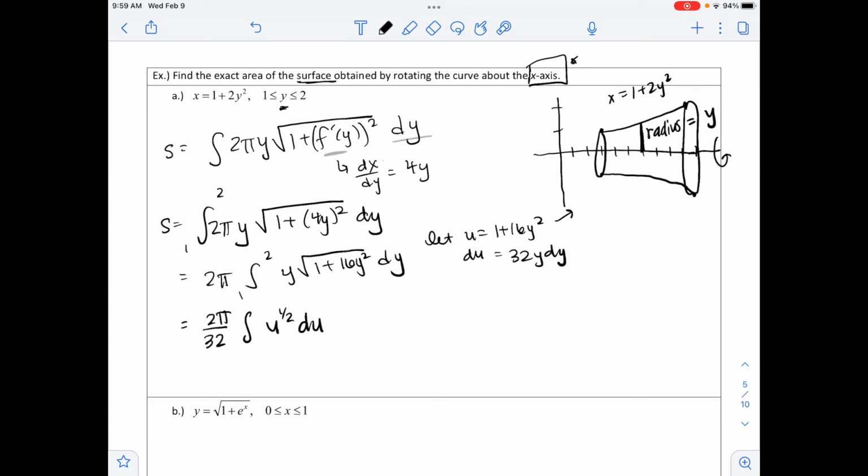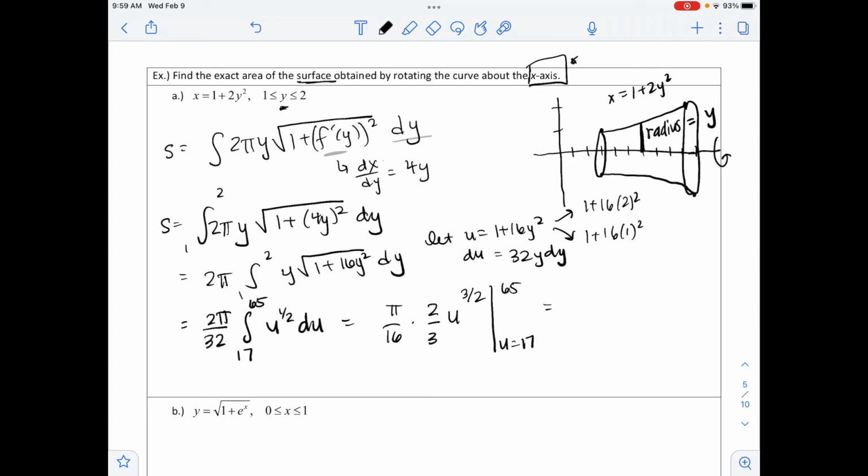And now your new upper limit of integration is going to be 1 plus 16 times 2 squared, and your new lower limit is going to be 1 plus 16 times 1 squared. So the new lower limit is 17. That new upper limit works out to be 65. So from here, we get pi over 16, simplifying that, times u to the 3 over 2 times 2 over 3 out in front, evaluated from u equals 17 to 65.